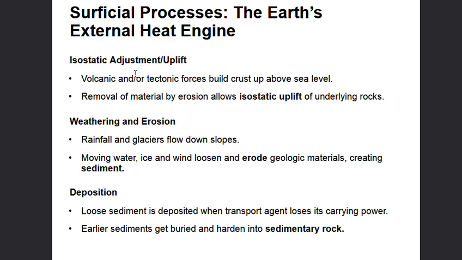Plate tectonics gives us all of these arcs, mountains, and so on. Now, all of these features are then further worked on by the external heat engine, which is driven by what? The sun, solar radiation, I should say. And then that feeds back into the present day configuration we have.